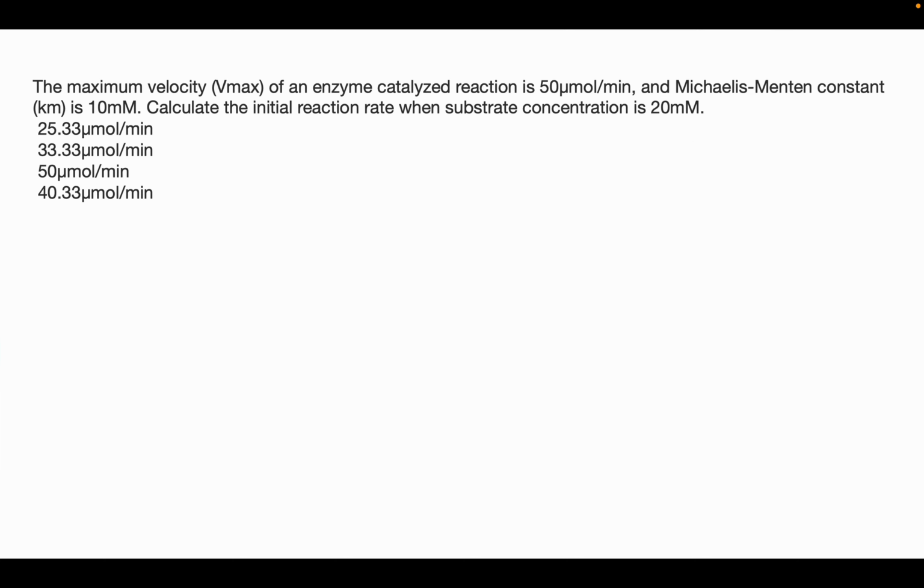Okay, so next question. The maximum velocity Vmax of an enzyme catalyzed reaction is 50 micromole per minute, and Michaelis constant is 10 millimolar. Calculate initial rate when substrate concentration is 20 millimolar. So again we'll write V is equal to Vmax into substrate concentration upon Km plus S. So we need to calculate V0.